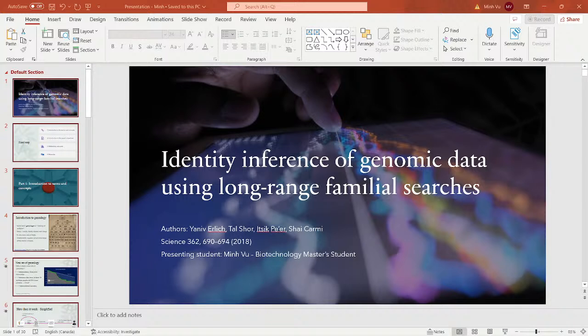So instead of trying to sequence everything, they actually probe around 700,000 genomic variants. These are sites that are known to be different from one person to another, and by probing these sites, we can tell the difference between two people.